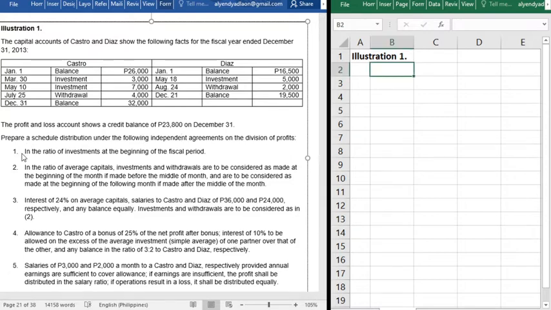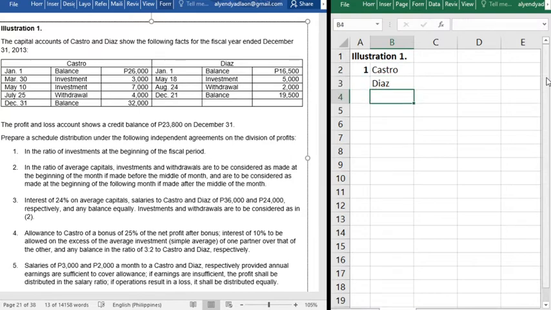Now, the first basis is in the ratio of investments at the beginning of the fiscal period. How are we going to solve this? This is just based on the beginning balance. So we just have to compute the total balance of the two, for Castro and Diaz.